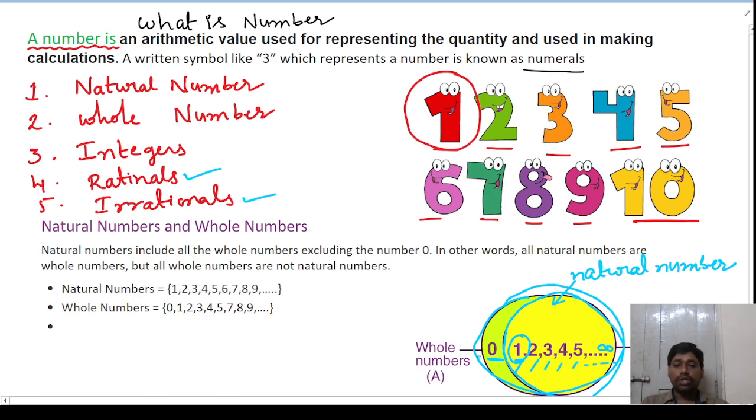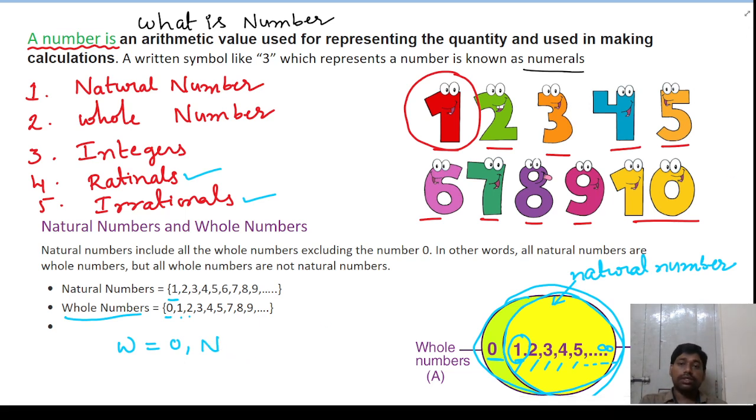The numbers which include 0 are called whole numbers, like 0, 1, 2, 3, 4, 5 and so on, 8, 9, 10, we can write many. So natural numbers start from 1, 2, 3, 4, 5 and so on. Whole numbers are natural numbers including 0, which means whole numbers can be written as 0 along with the natural numbers.